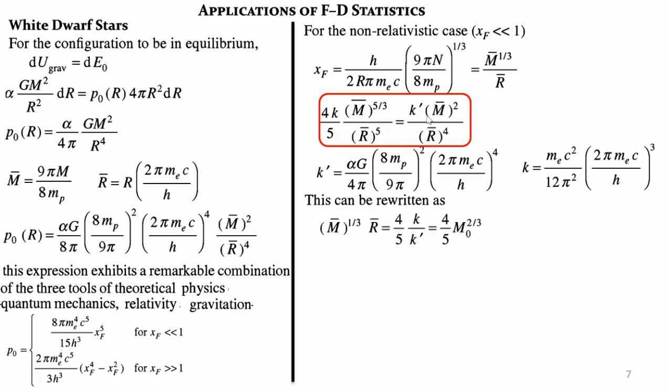What we have done here is, you have here m bar raised to the power 5 by 3, and m bar raised to the power 2. So if I take this to the left hand side, it will be m bar raised to the power 5 by 3 minus 2, which will be nothing but m bar raised to the power minus 1 by 3. Now it is r bar raised to the power 5, right?